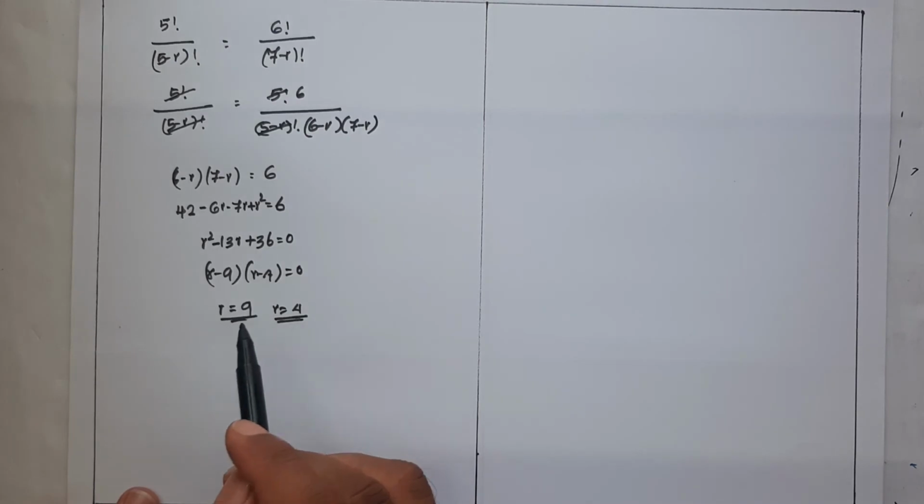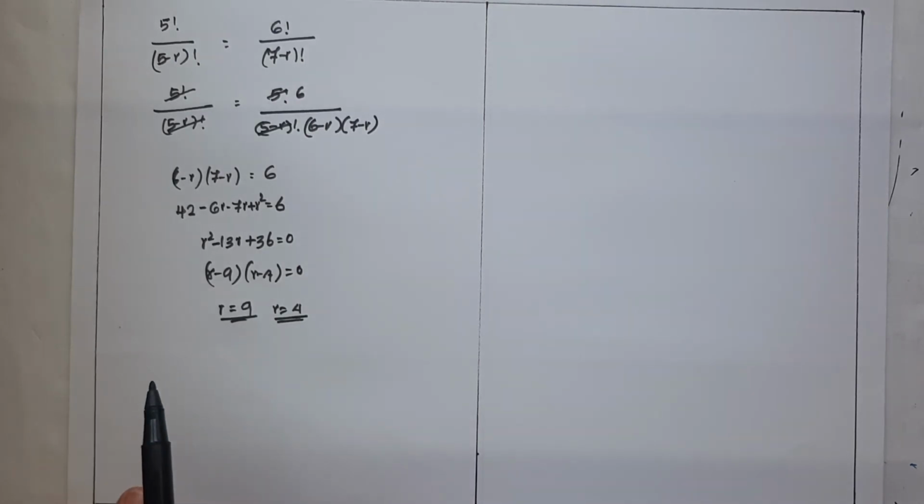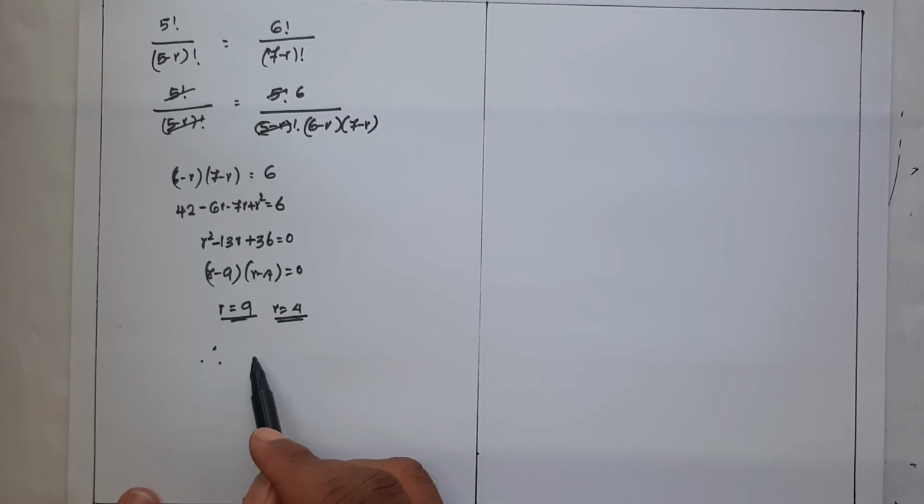But r equal to 9 is not considered, because the first statement is 5PR, and when we put r equal to 9 we get 5P9. 5P9 is 5 factorial by (5 minus 9) factorial, that is a negative factorial, which is not defined. So we consider only r equal to 4.